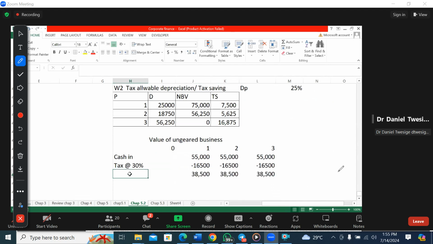Then this is our earnings after tax. Then we have the tax saving. Here we have this. We have this. And we have this.